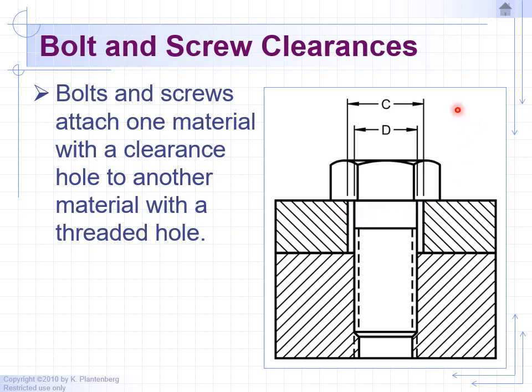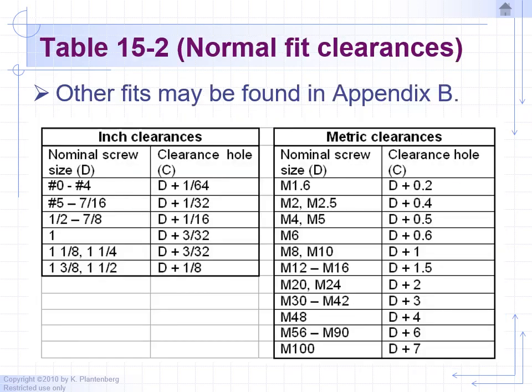Okay, so for that clearance hole we were just talking about for the bolt, the clearance hole in the top plate, how much clearance should you use? If we're looking at a 1-inch diameter bolt, you want to take the 1 inch and add 3/32, making a 1 and 3/32 diameter clearance hole.